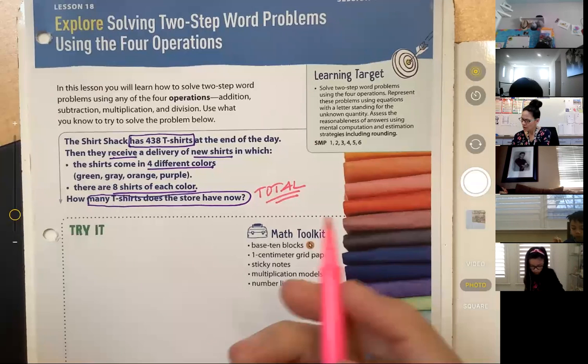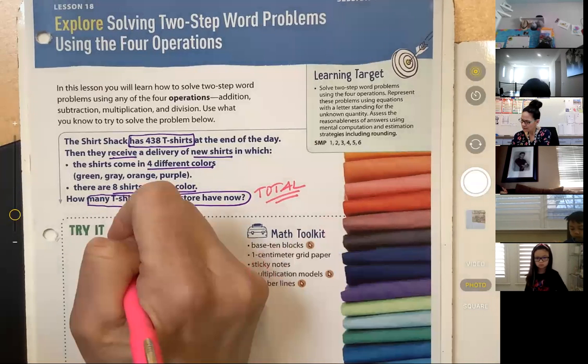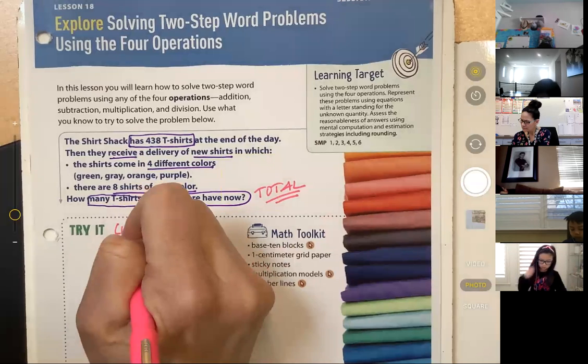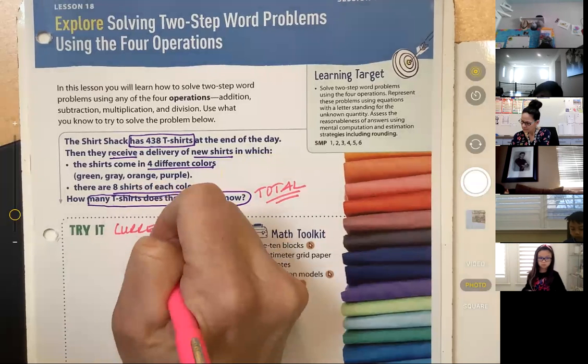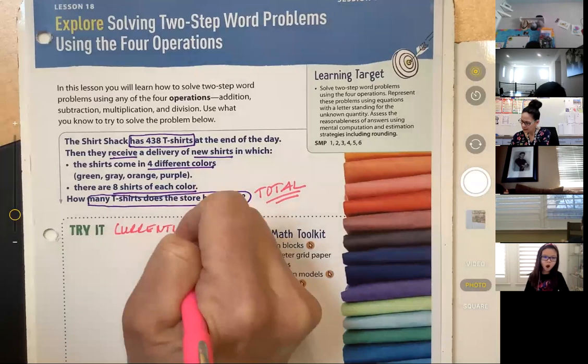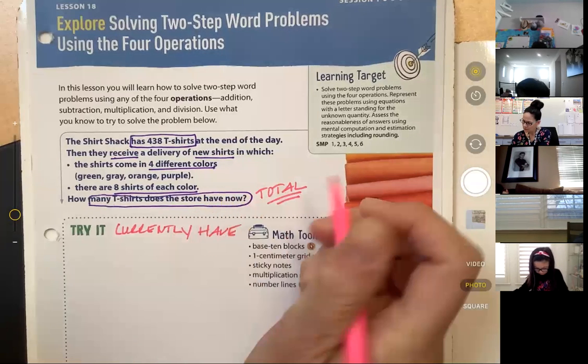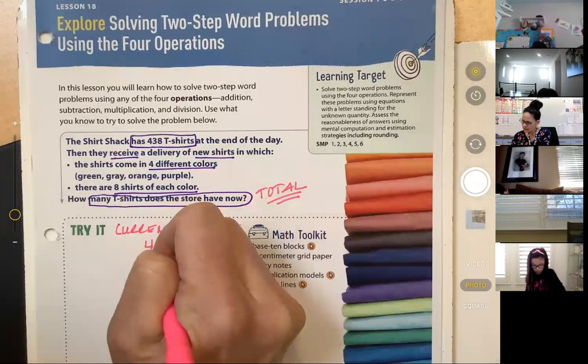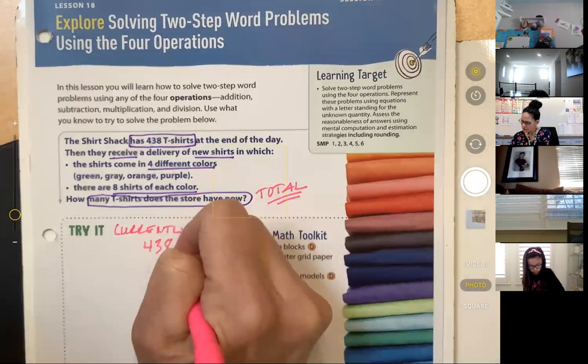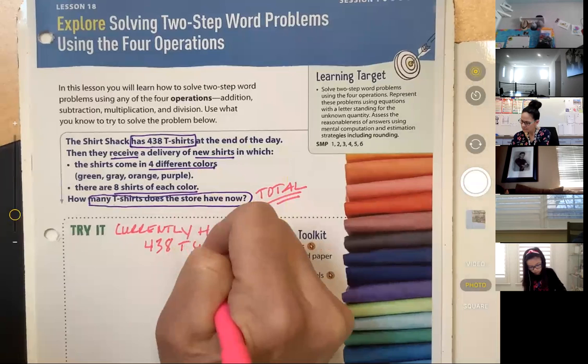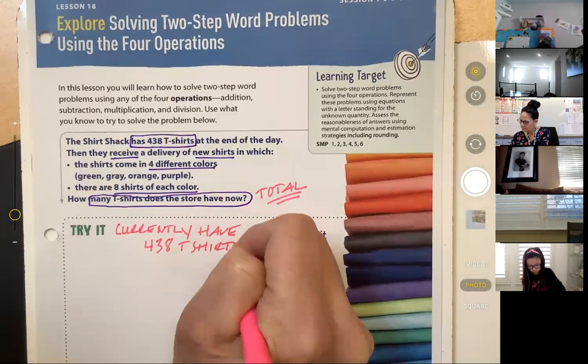So I know that I currently have 438 t-shirts. All right.